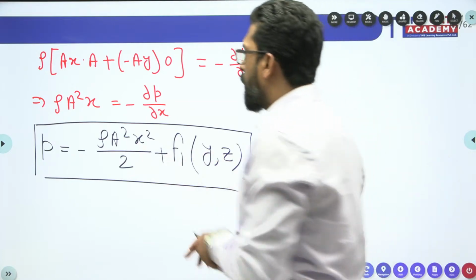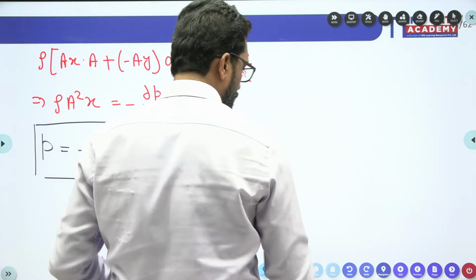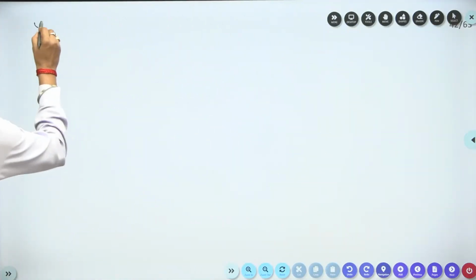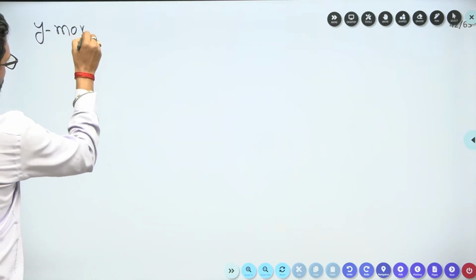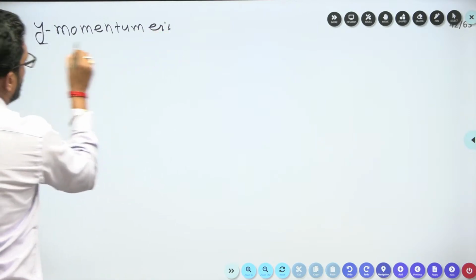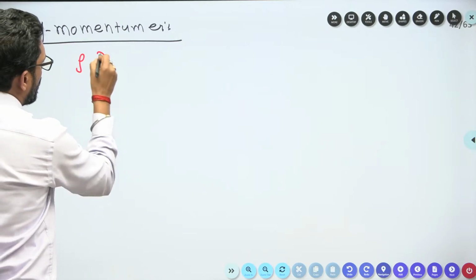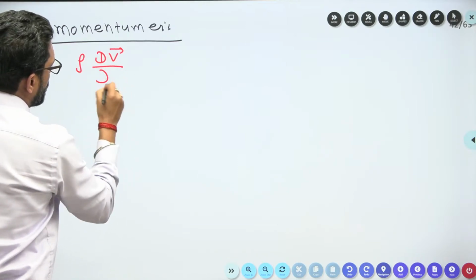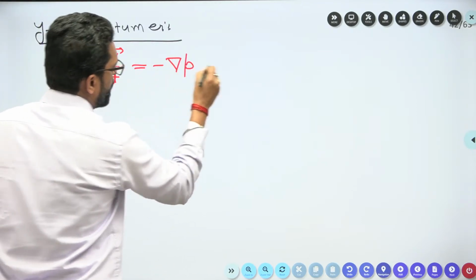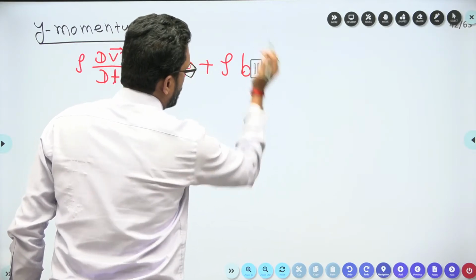Now we find the pressure along the y-axis, conservation of momentum along y. So the y momentum equation. What is the momentum equation? Rho dv/dt, always remember, is equal to minus grad p plus rho B vector.